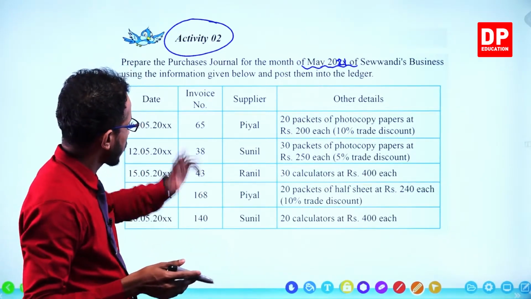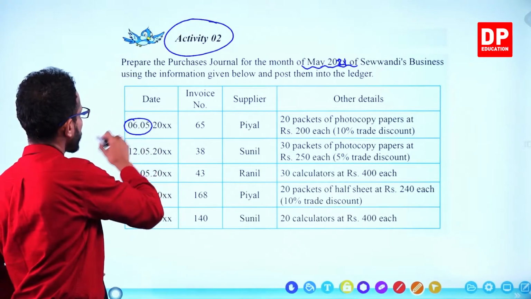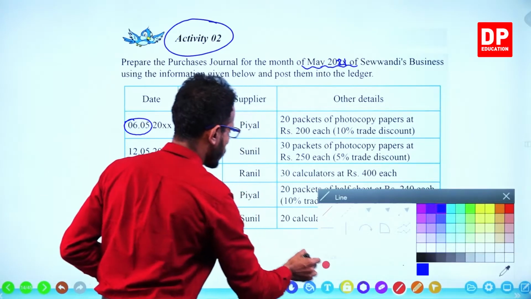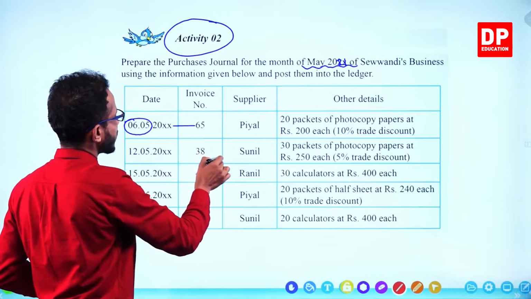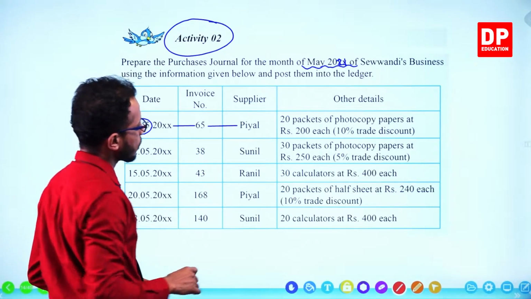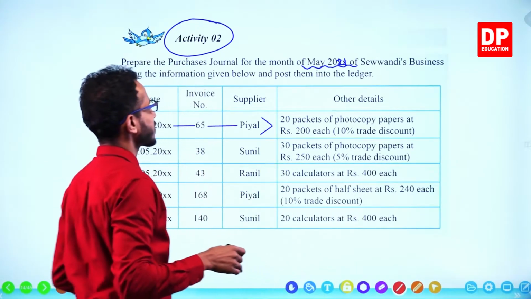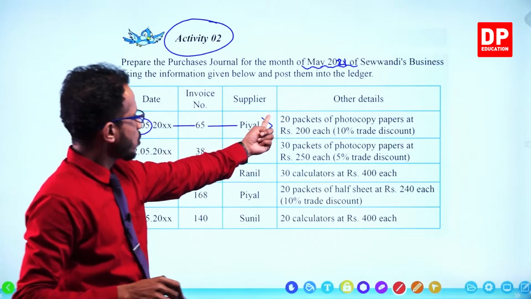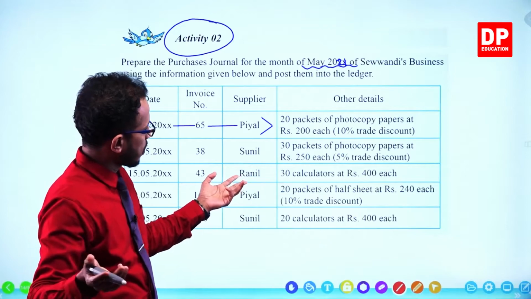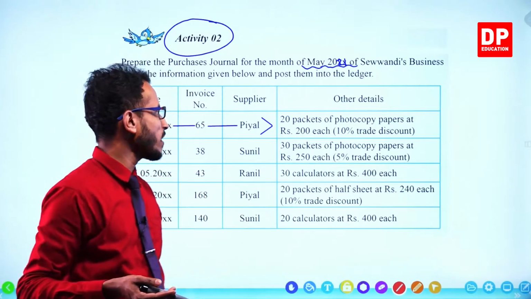Okay. So here we have the first transaction, 6th May, invoice number 65, purchased from Pial, 20 packets of photocopy papers A4 at 200 each.